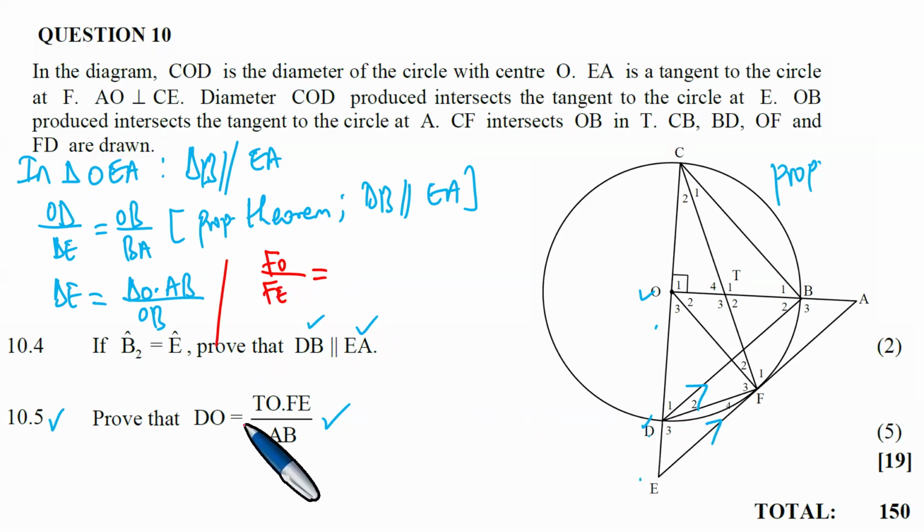Okay, we need also that because the FE must be there. So now we need, for instance, FO over FE. From the previous results, I want to say that one.